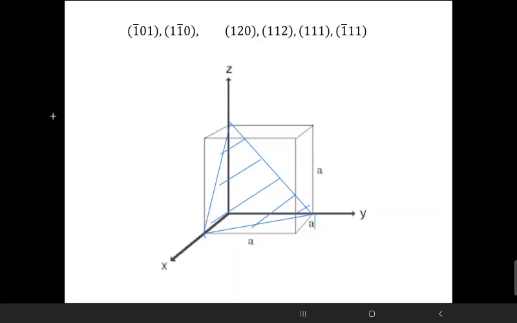Then bar 1 1 1. Bar 1 1 1, so bar 1, you have to change the axis. You have to make this your origin. So bar 1 means minus 1, and 1, 1. How to draw this? It's a little bit different.